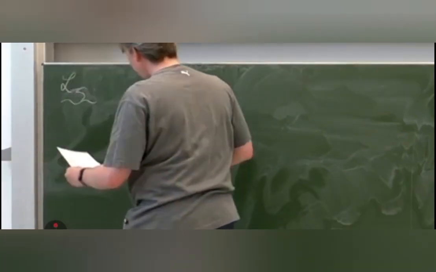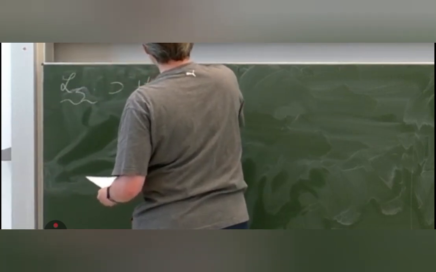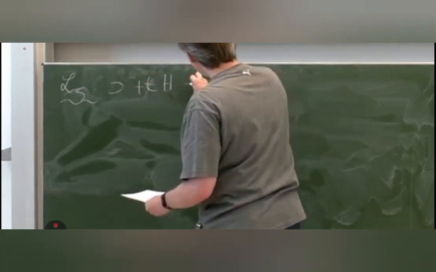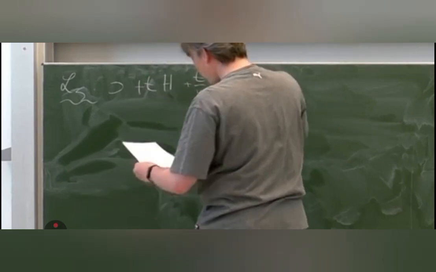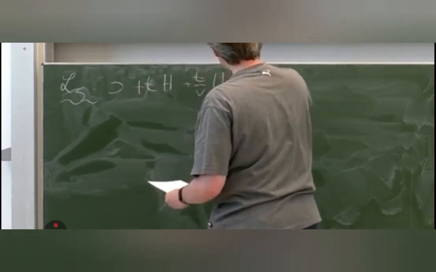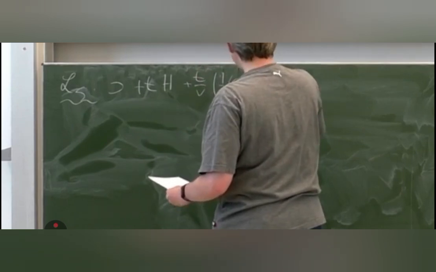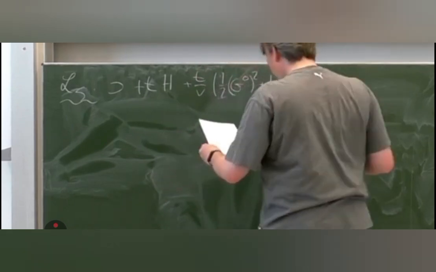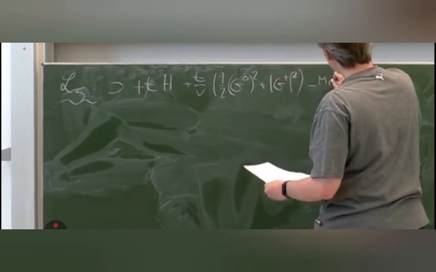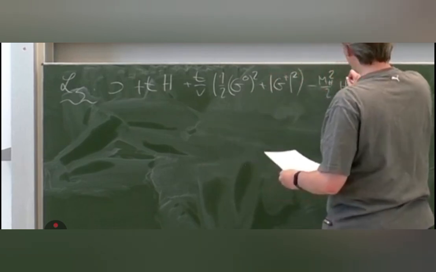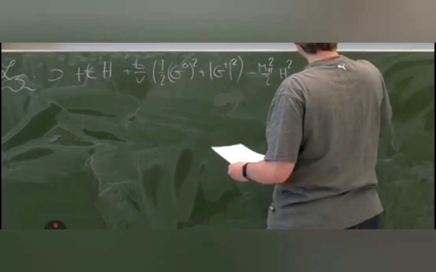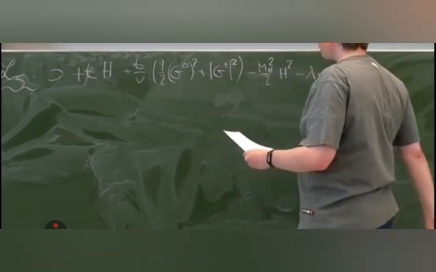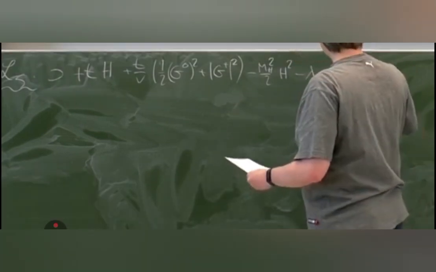So the scalar Lagrangian contains the following: plus tadpole times h plus tadpole divided by v times 1/2 Goldstone 0 square plus charged Goldstone absolute value square, minus mh square over 2 h square, minus lambda v h cube, plus so on, plus other terms.